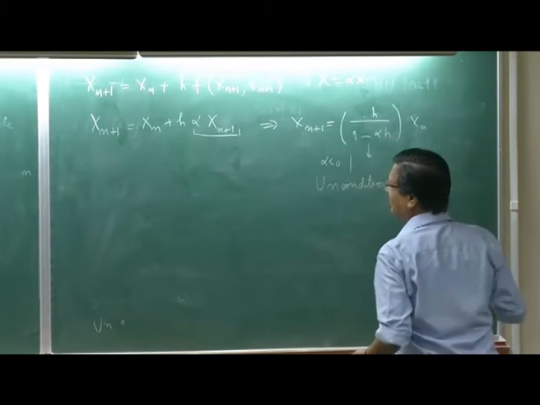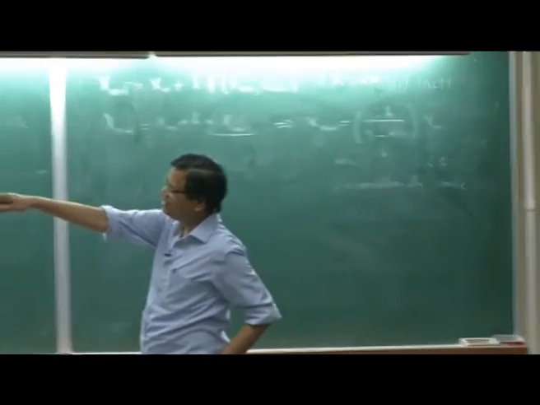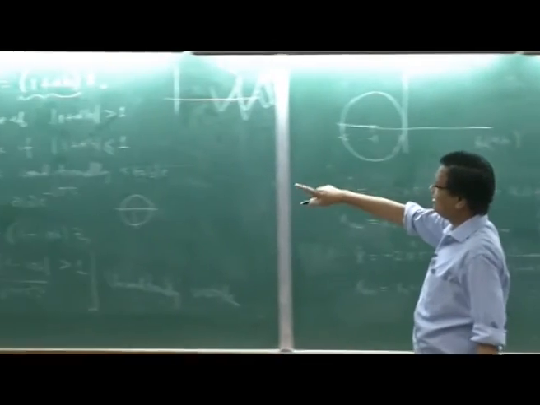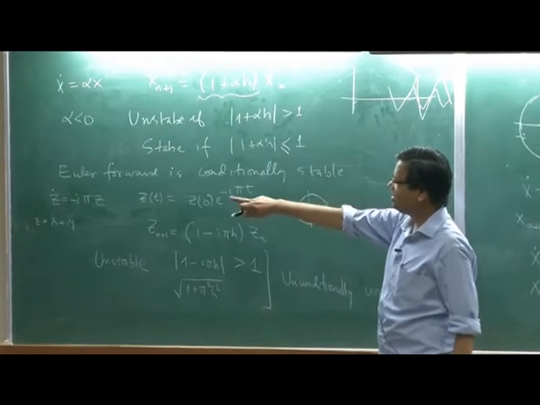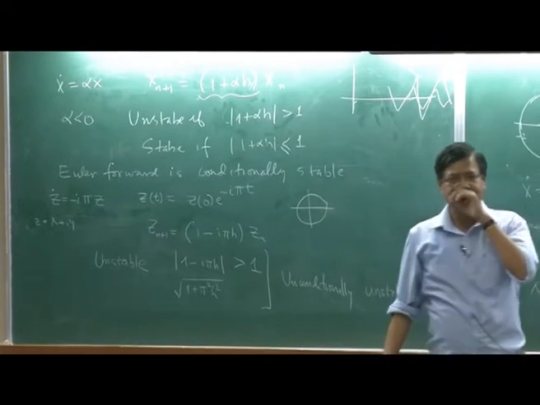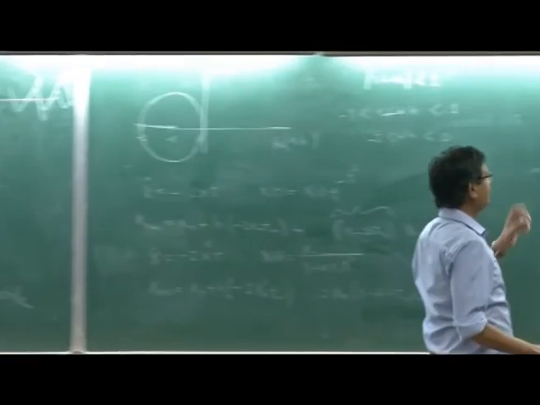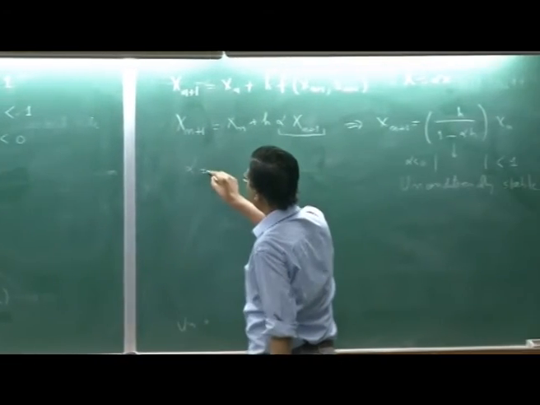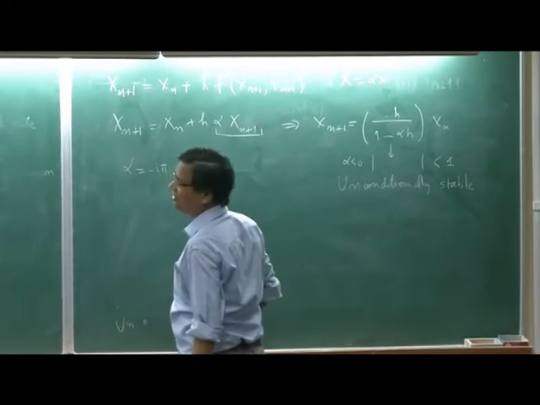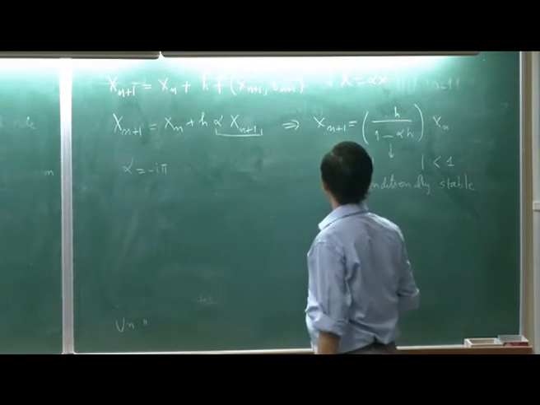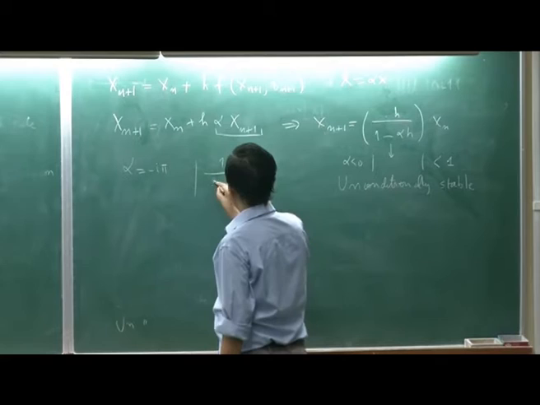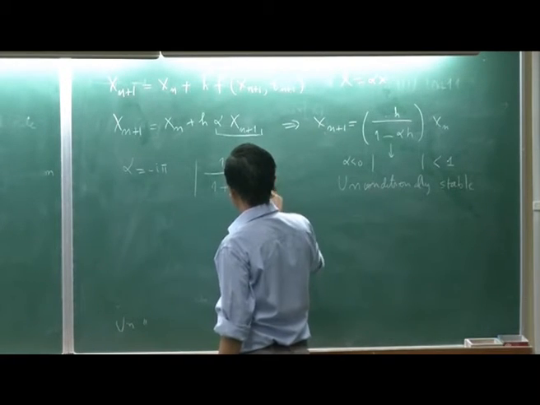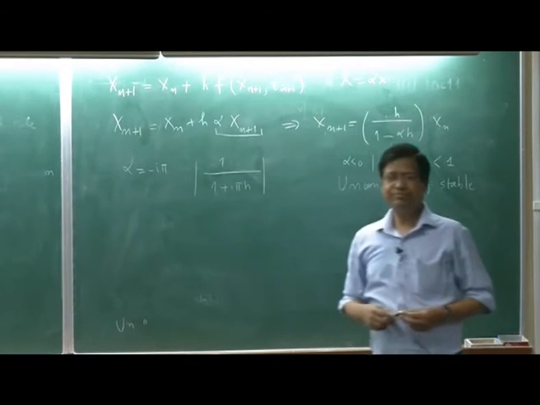So the first one will be stable. What about this one, when alpha is a complex number? Suppose my alpha is minus i pi. What happens? So this factor is 1 divided by 1 plus i pi h. What about this guy?